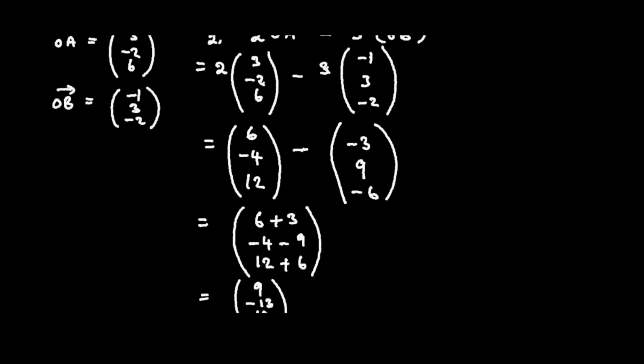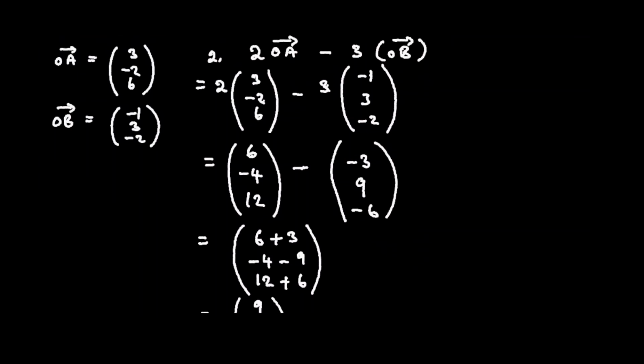Now let me take you back to show you what it could have been had we done it differently. What we could have done as a method number 2, but I don't encourage it, was this. Of course, we multiply 2 into the vector, and we get 6, minus 4, 12.